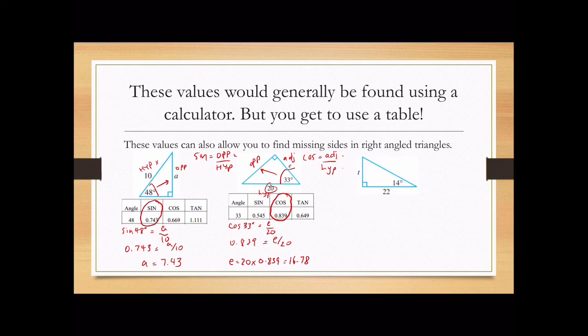And last one, again, a right angle triangle. From the angle 14, this side here is opposite, straight across from it. That's the hypotenuse. We don't know it, so that's not really going to help us. And this one is adjacent. So this time we're going to use tan, which is opposite over adjacent. So next, tan 14 degrees.